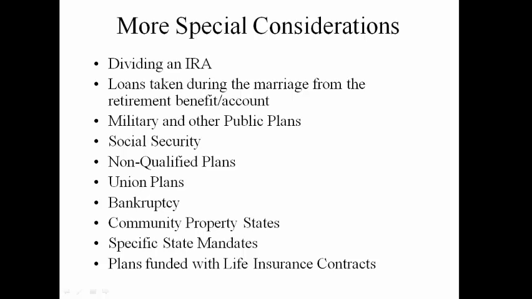How do we handle Social Security? Very simply, if both participants have their own Social Security benefit, typically Social Security is not an element to consider in dividing retirement plan assets.